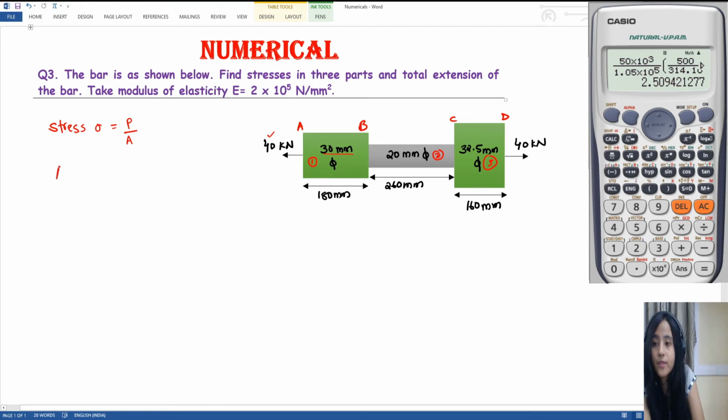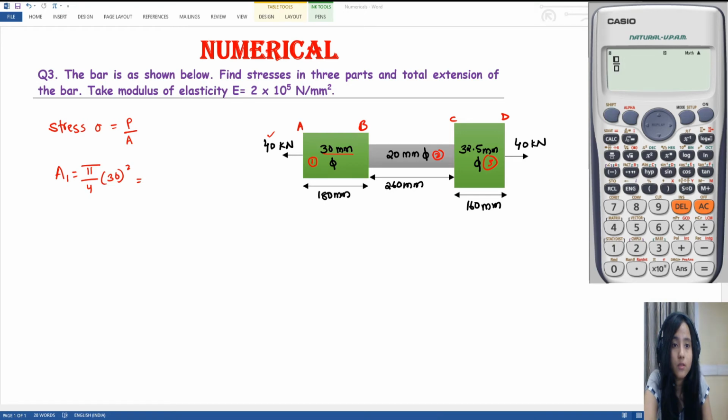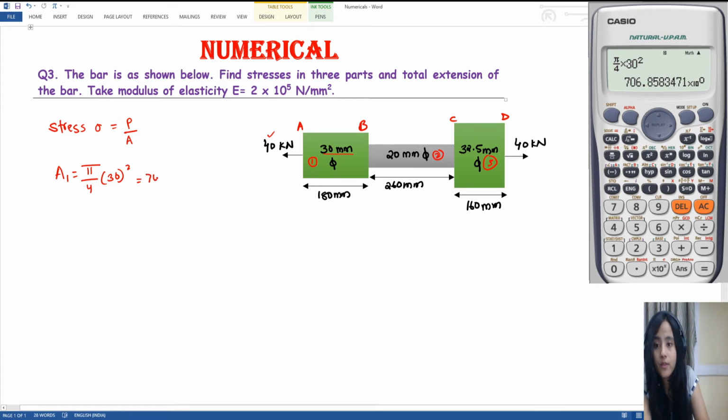So let us find first the areas. A1 is equal to pi by 4 into 30 square, so we're getting 706.86 mm square.